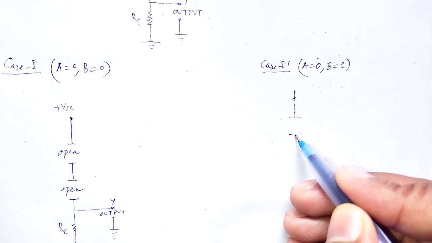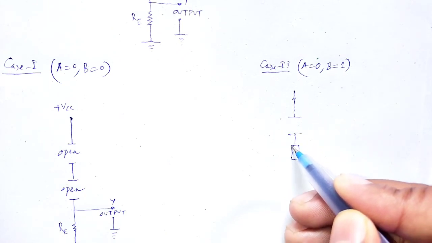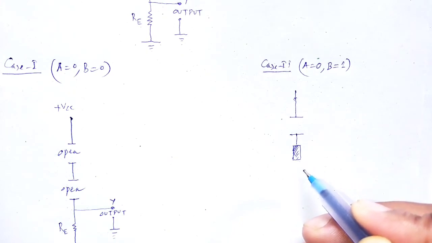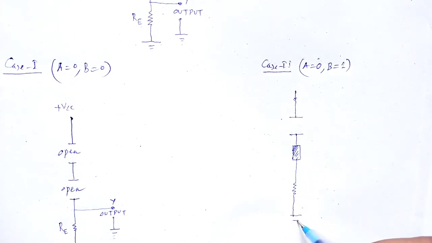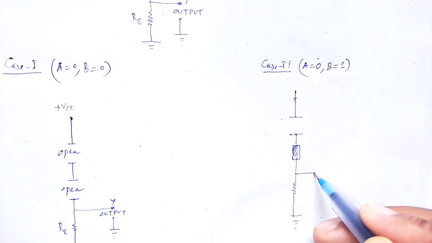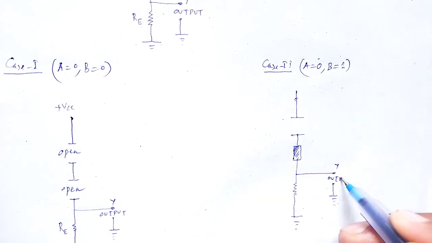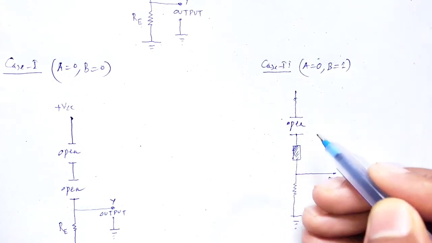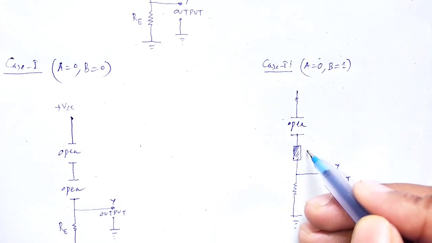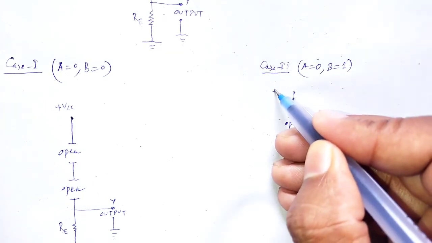That is open, that section is closed, and output, that is open, that one is closed, and for plus VCC.